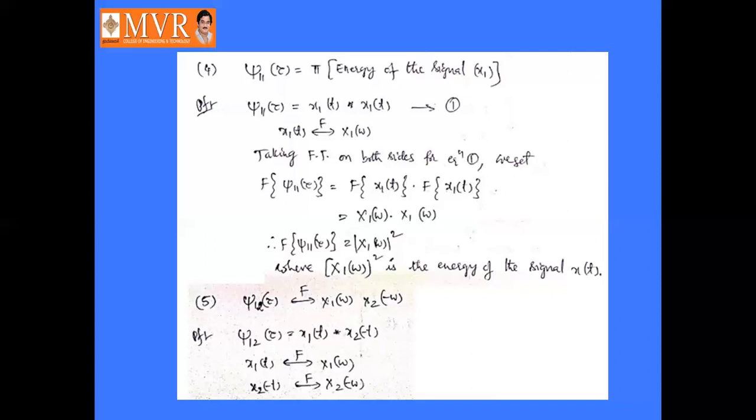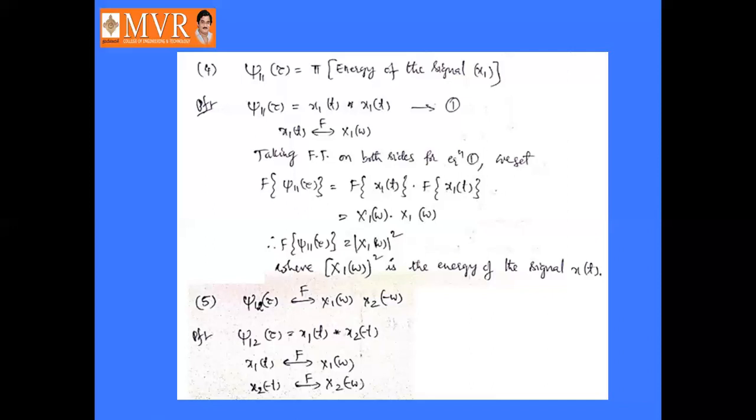Next, the Fourier transform of J12 of tau will become X1 of omega into X2 of minus omega. So we write J12 of tau is equal to x1 of t convolved with x2 of minus t.